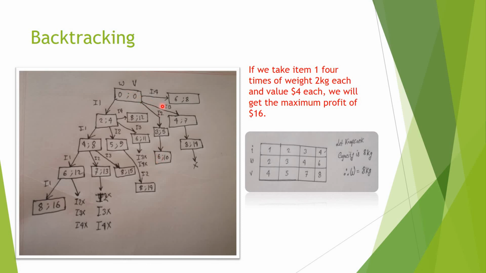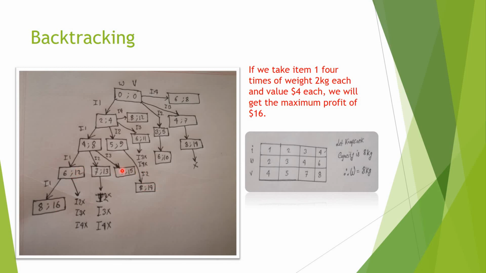If you are taking item 3, then item 3 again, you are getting the value of 14 and the maximum weight capacity is reached. But if you are taking only item 4, you can't take any other item. So here we have found the values of all these nodes.